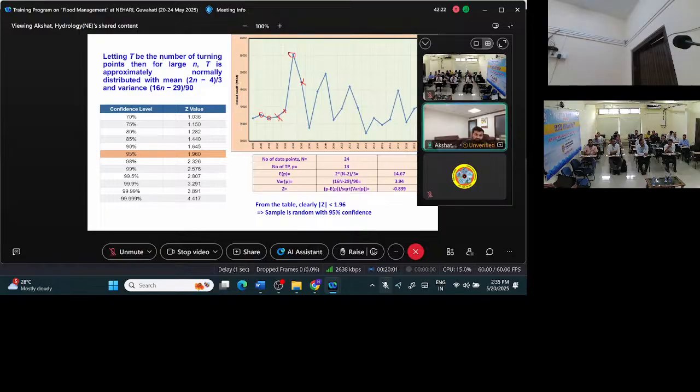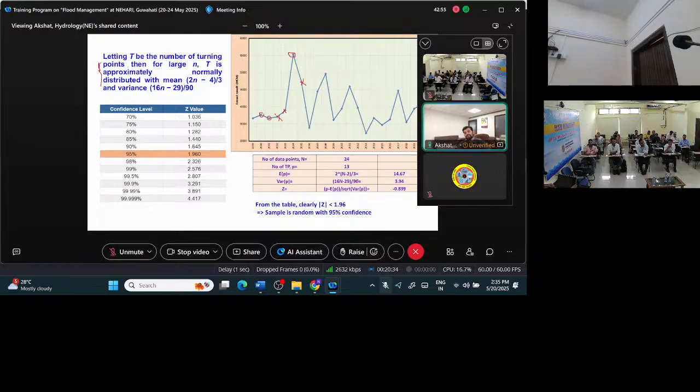So, if T is the number of turning points, then for large n, the number of observations, in our case 24, T is approximately normally distributed with mean (2n minus 4) by 3 and variance (16n minus 29) by 90. So you can see in the tests also we require a large number of observations.